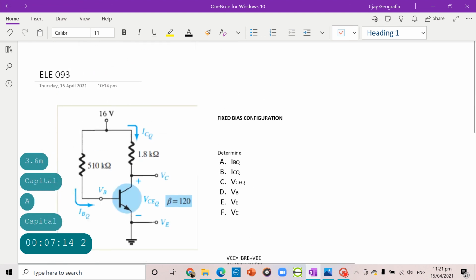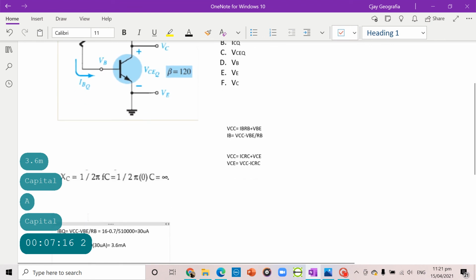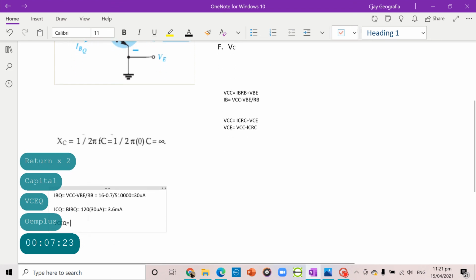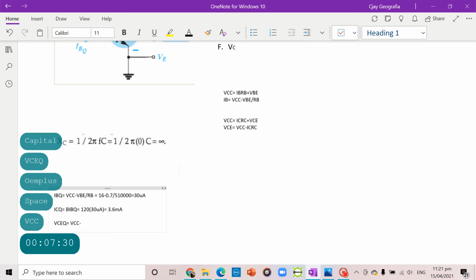Let us move on to the VCEQ. The formula for VCEQ is equal to VCC minus IC RC, which is equal to 16 minus, what is our ICQ?